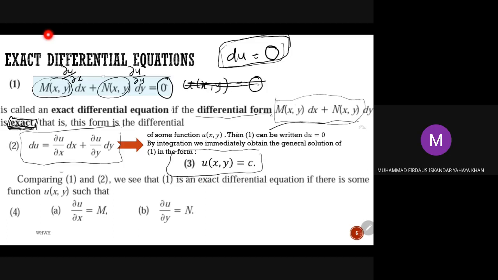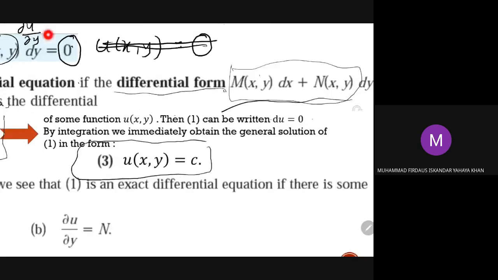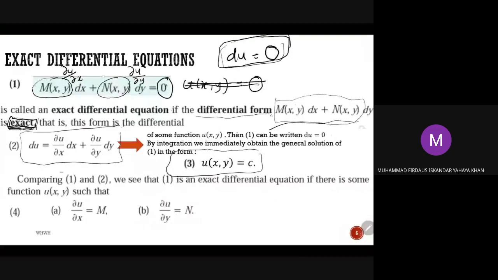Then du sama dengan kosong. Bila kita integrate kosong, we may get a value. Okay, kat sini C ni can be any number. C also can be 0. By right kalau you integrate, then you akan dapat a value lah for u(x,y) tu.